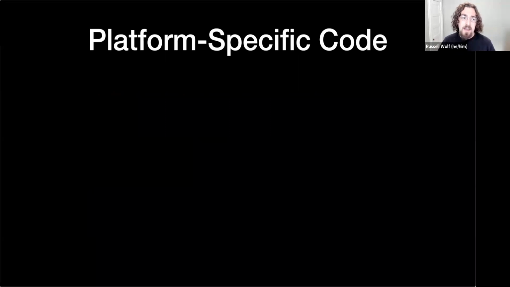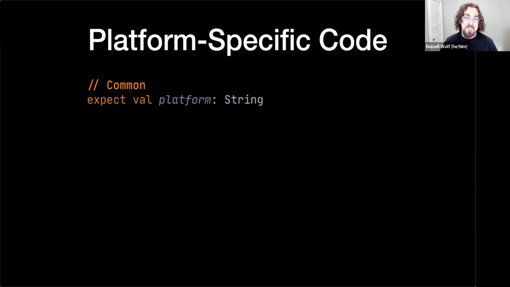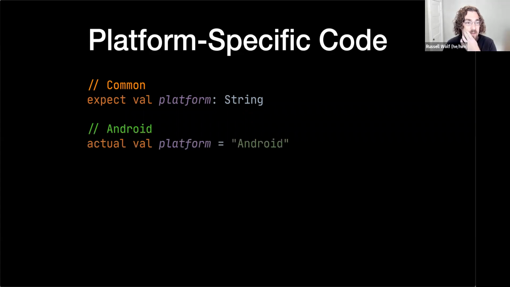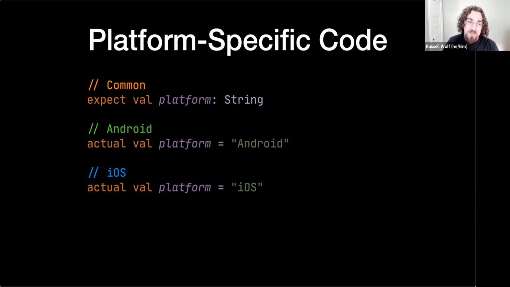So one of the things that multi-platform adds to the language is the expect and actual keywords. So you can have a declaration that you define with expect in your common code, and then give separate actual implementations for it on each platform. If you were at Kevin's talk earlier, he talked a little bit about this and how it's nice, but you can definitely overuse it, and you want to be kind of deliberate in how you use it.